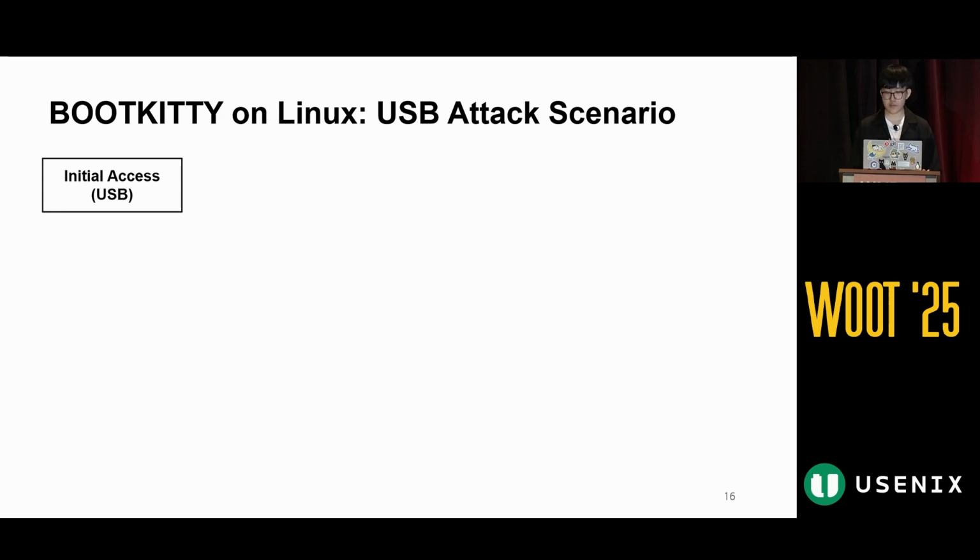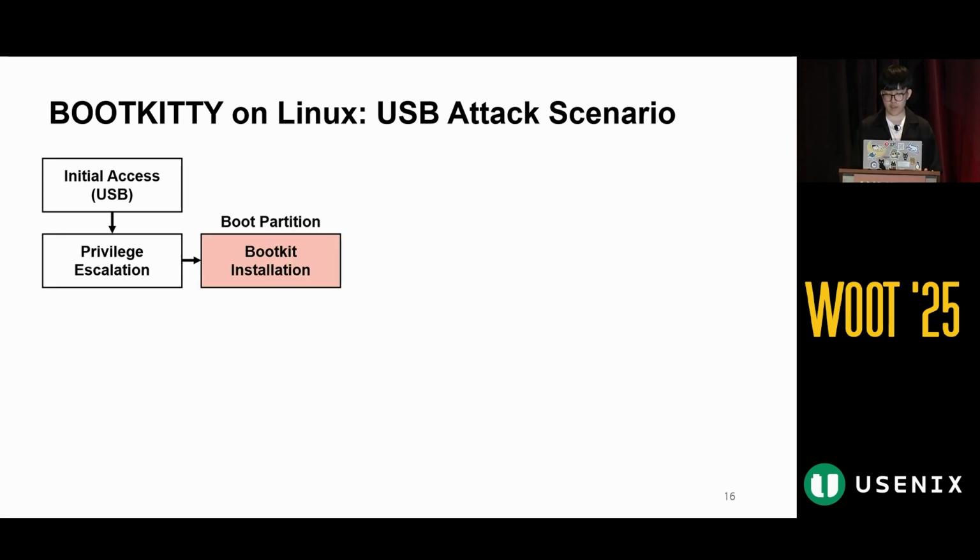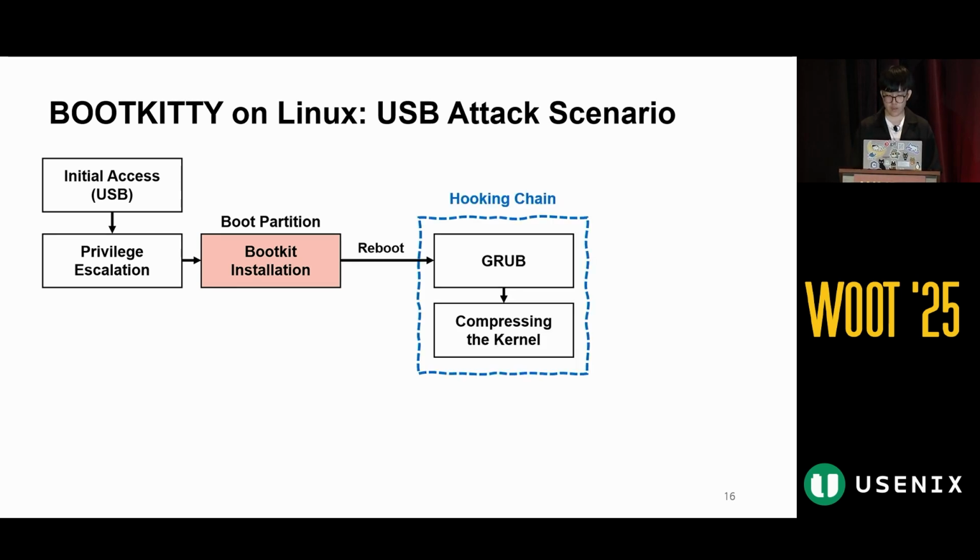The attacker installs Bootkitty via USB or over the network and executes it. They then escalate to root privileges and install Bootkitty into the boot partition. Once this is complete, they reboot the system, at which point the modified boot process begins to execute.